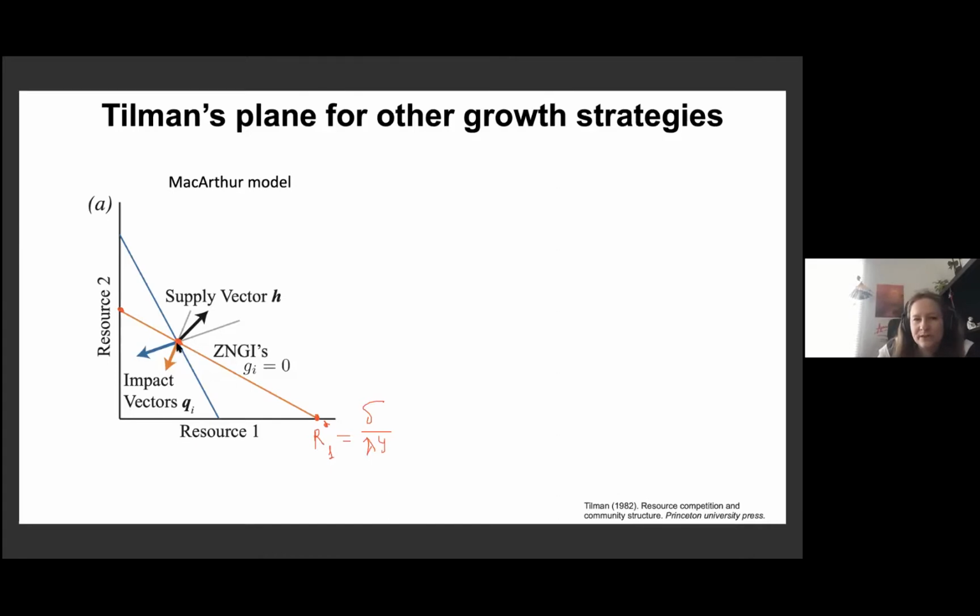And moreover, this is where your community will set the steady state concentration of resources. And if you want to have more than 2 microbes in this community, you will have to make sure that all of them, it's hard to draw here, but they all have to go through this point here. So as soon as they go through this point, all those microbes can coexist in this community.